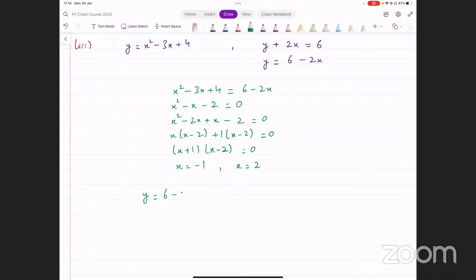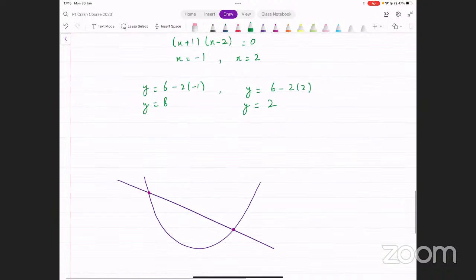That gives us 6 minus 2 into minus 1. And then input 2, y equals 6 minus 2 times 2. The first value gives us 6 plus 2, which is 8. And the second one gives us 6 minus 4, which is 2. So the points of intersection that we're getting are minus 1, 8 and 2, 2.